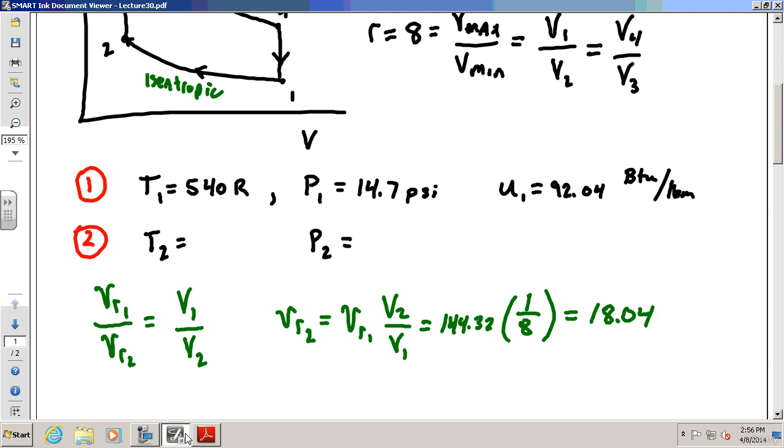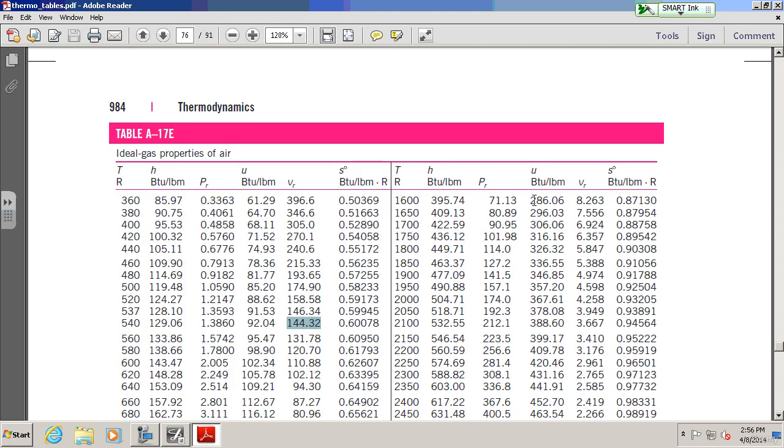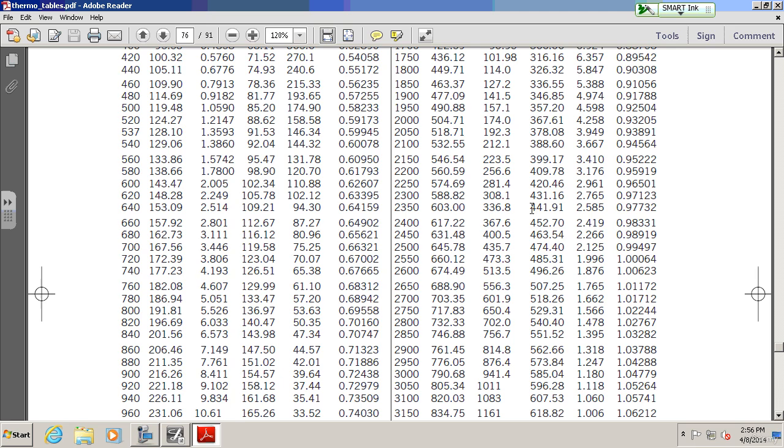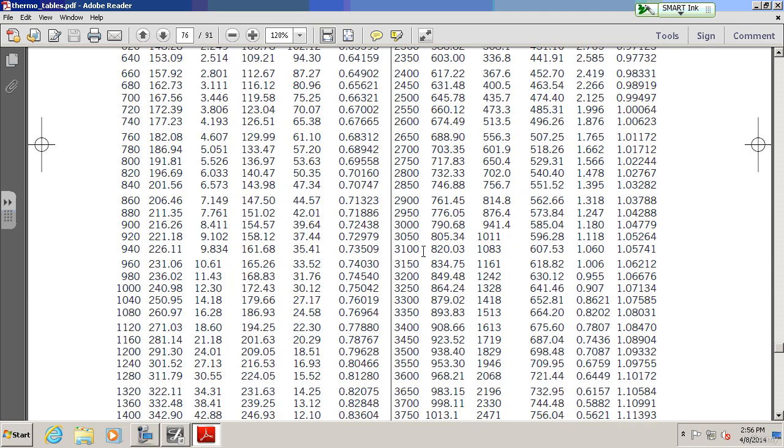Okay, so what do I do with that? You go back to the table, right? Exactly. You got it. It's never right on the table, right? No, never. This time, it's pretty darn close, 18.51 is kind of close to 18.04, sort of.